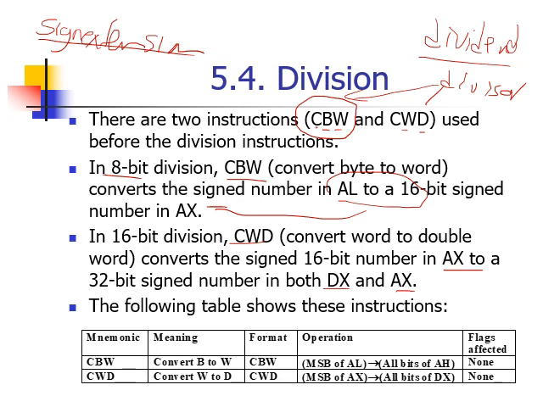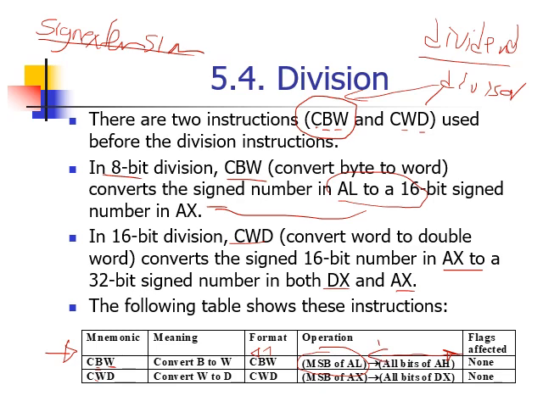This table is showing us the sign extension to convert a byte into a word, or a word into a double word. So if you are converting a byte into a word, the sign bit of AL is placed in AH. So you check the sign extension.